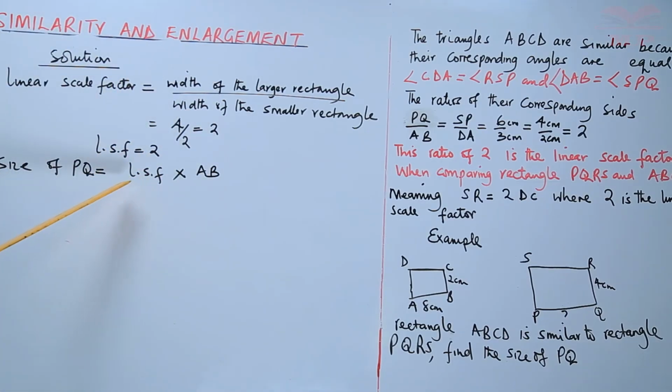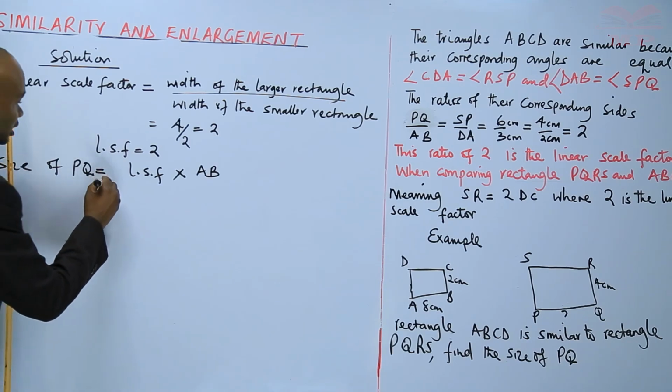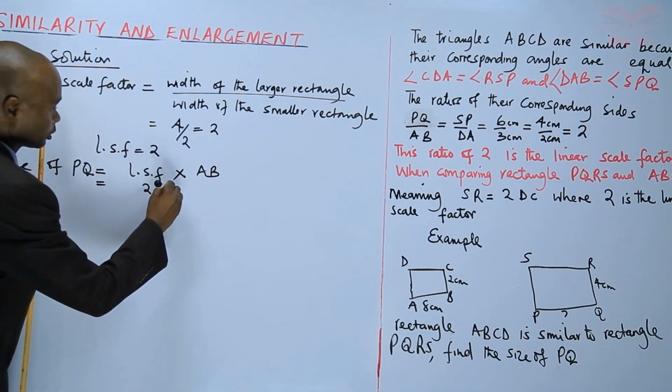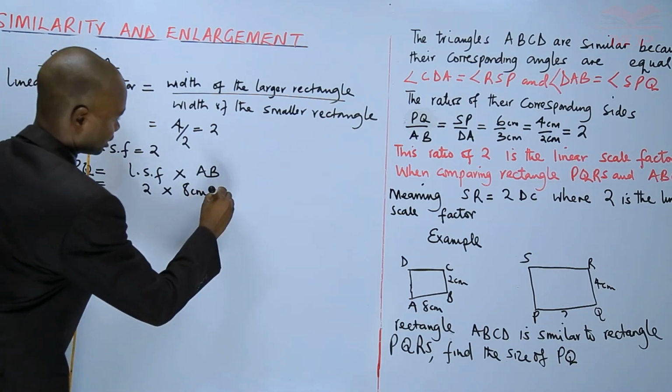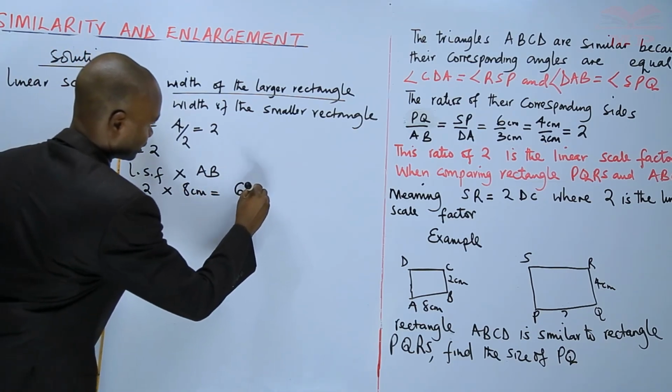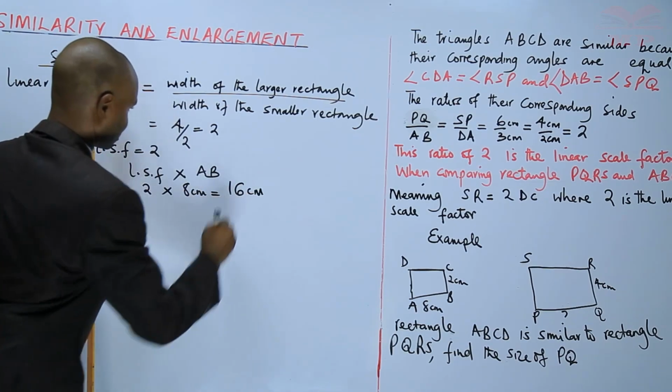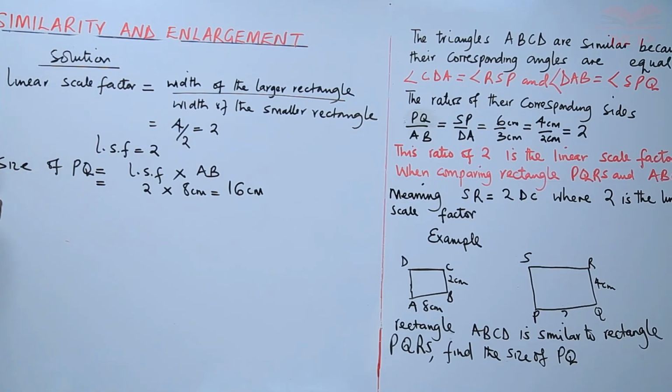So the linear scale factor 2 multiplied by 8 centimeters will give you 16 centimeters.